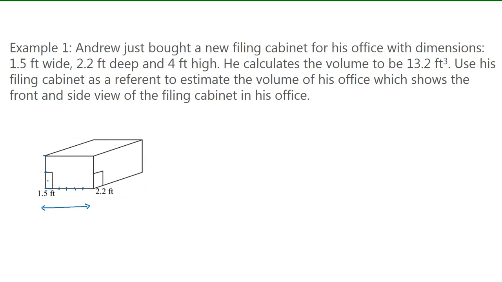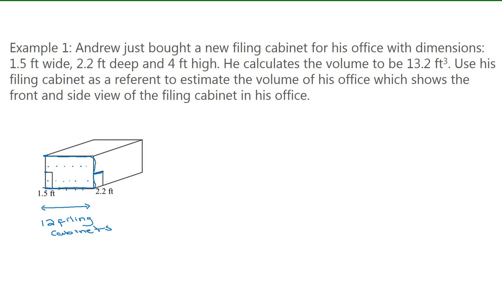So we'd have 1, 2, 3, 4, 5, 6 filing cabinets along the bottom. And if we have another 6 on top of that, it means that we can fit about 12 filing cabinets in this whole block.